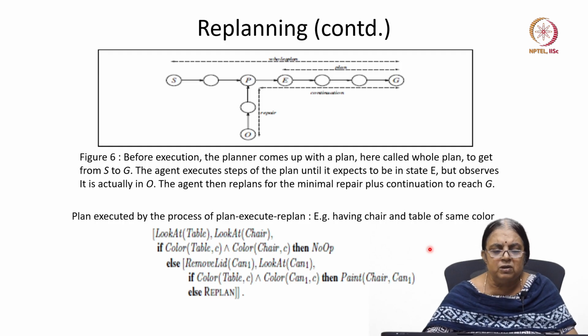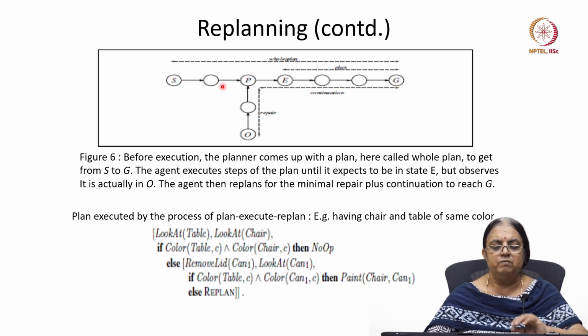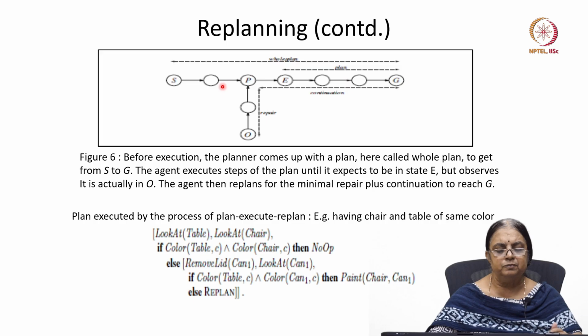Okay. So here what we have is that you are going from S to G. You have a plan which says you have to go to these points to come to G. Now because there is some problem here, you find that it does not go from P to E and go this way, but it comes down to O. Okay.